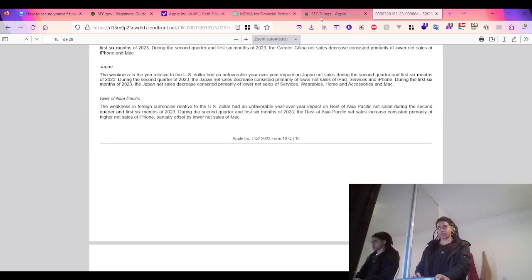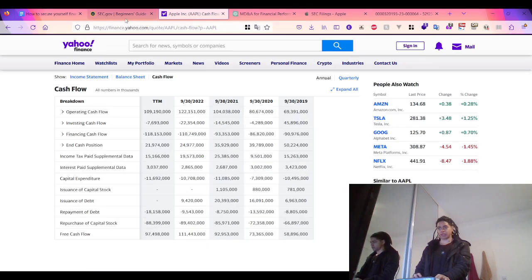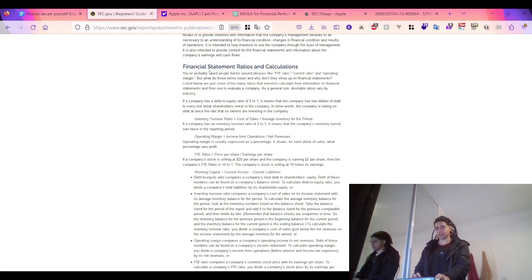So this is the MD&A, and keep looking at this. You have probably heard people bandy around phrases like P/E ratio, current ratio, and operating margin. But what do these terms mean, and why don't they show up on financial statements?